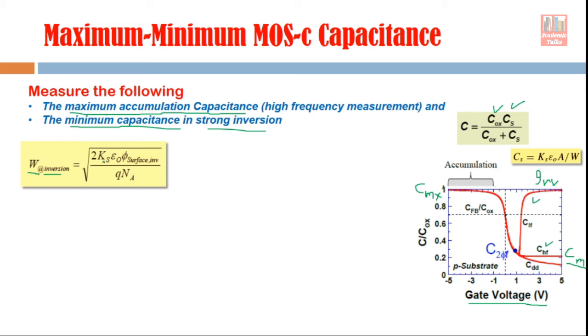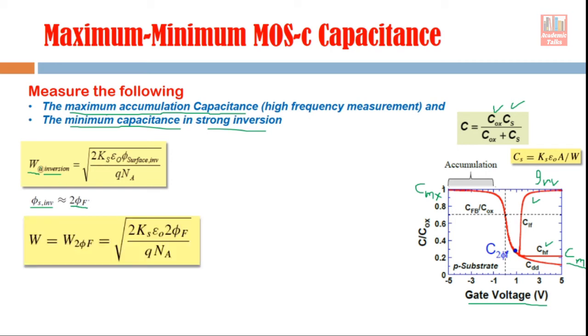This is the dielectric constant of the semiconductor, epsilon naught, and this is the surface potential. I hope you know that when we talk about the inversion region, the surface potential is actually 2 times the Fermi potential. You studied this equation in the first semester when you studied basic MOSFET theory. Since we are talking about inversion, this surface potential will be equal to 2 times the Fermi potential.